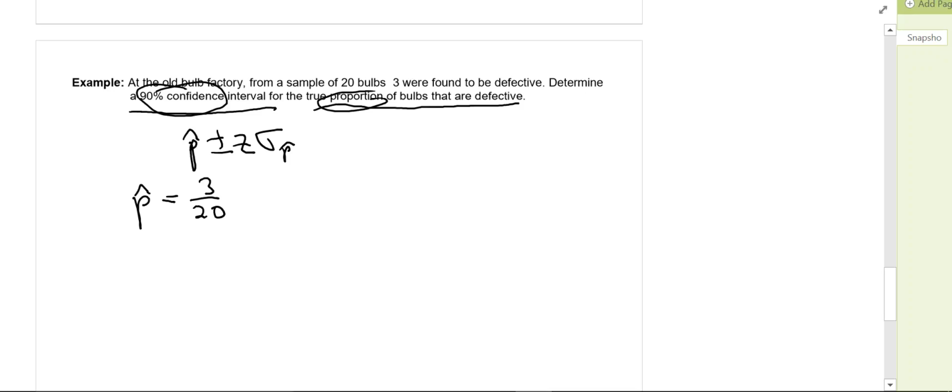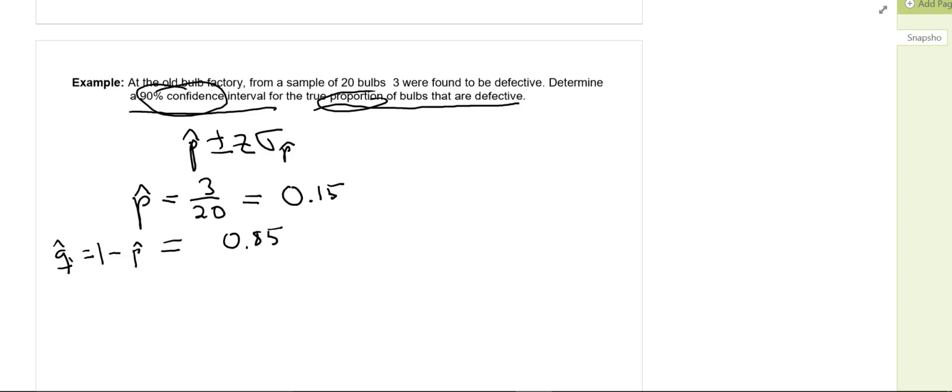P hat comes out to be 0.15. 1 minus p hat, which I typically associate with q hat, is 0.85, because p hat is the proportion that's defective, and the opposite of that is the proportion that are good.